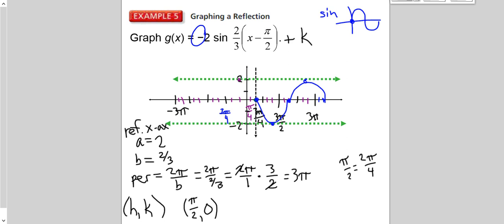And 1, 2, 3, and we're back to middle. 1, 2, 3, and we're down. 1, 2, 3, back to middle, and that'll be enough. And this goes here. Whew. Graphing a reflection with all of those other things going on. Also, that's our sine graph for number 5.